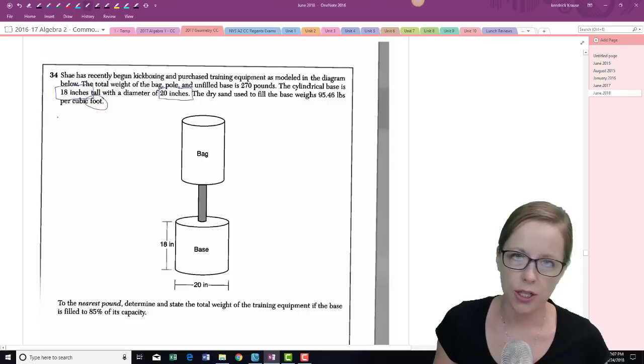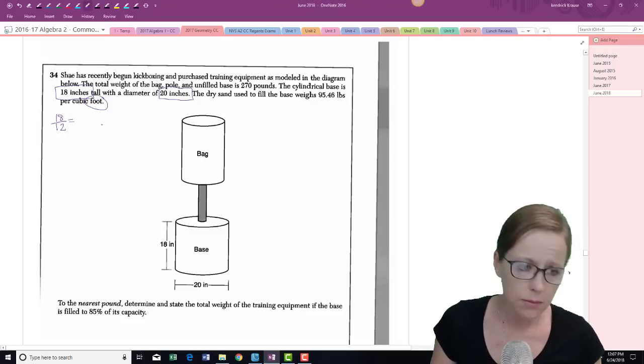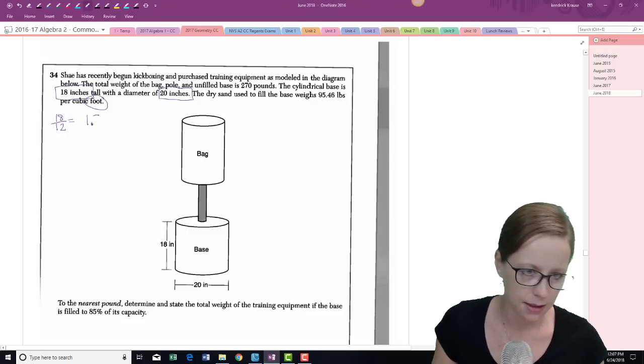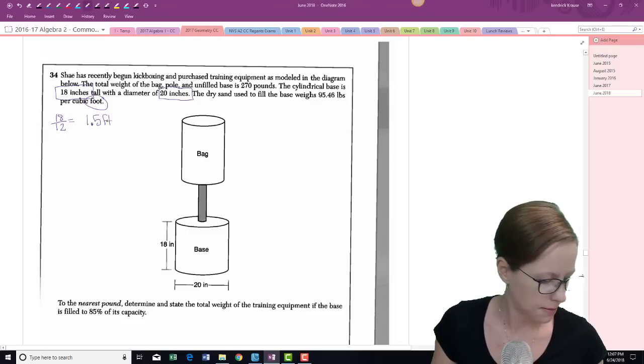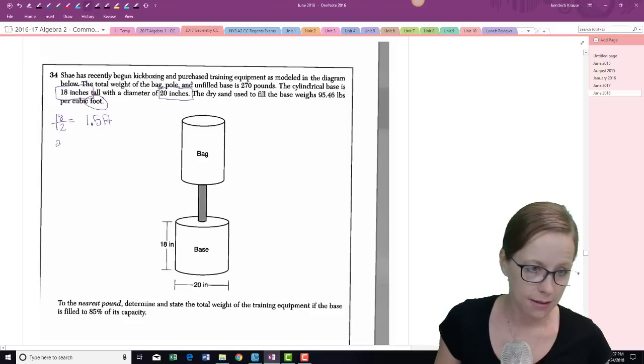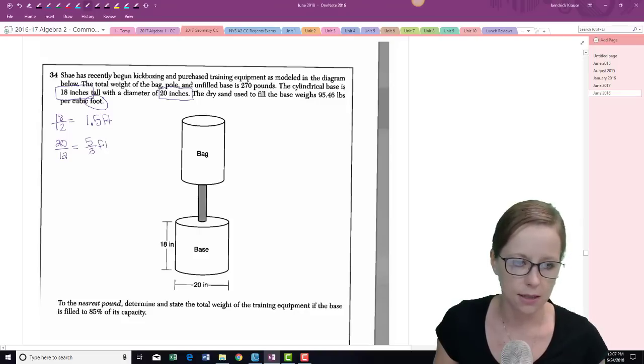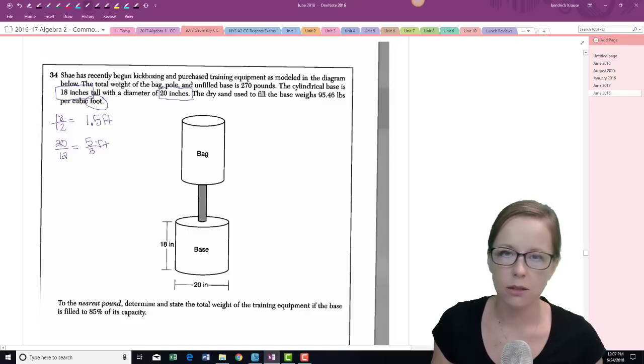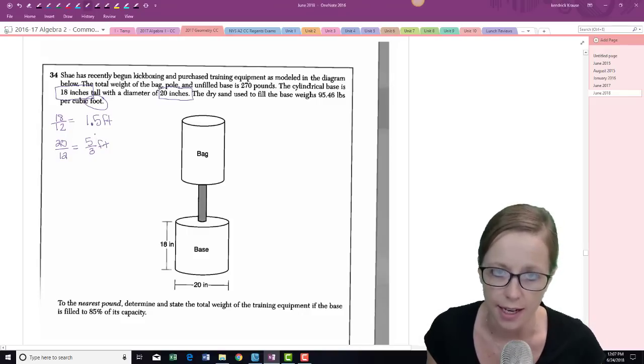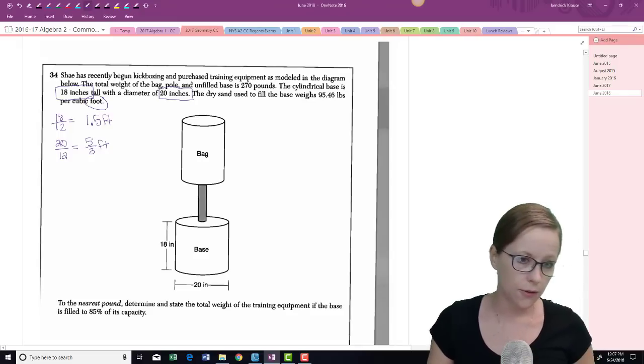We know there's 12 inches in a foot. 18 divided by 12 is 1.5 feet. 20 divided by 12 doesn't work out real nice, so I'm going to leave it as 5/3 feet. I'm scared of fractions. Let it be. You're going to use a calculator. It's fine. So I converted those first.